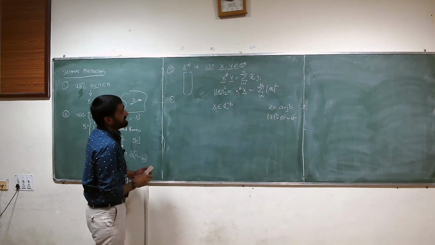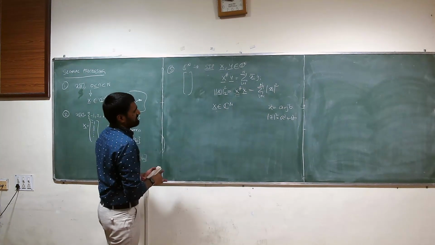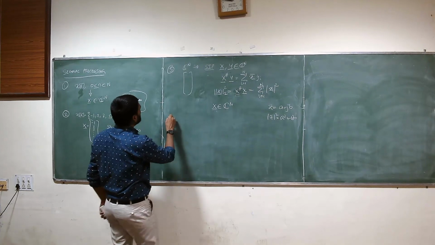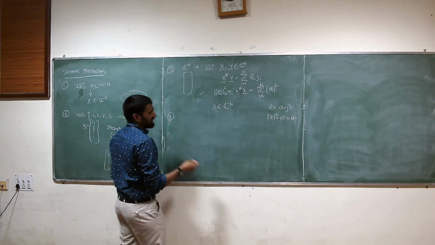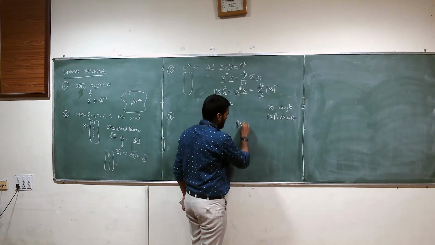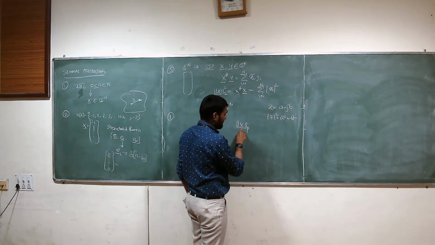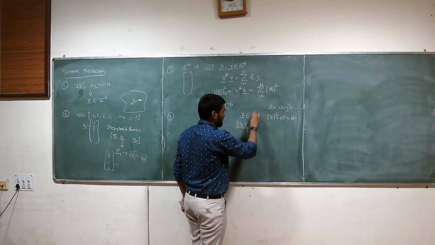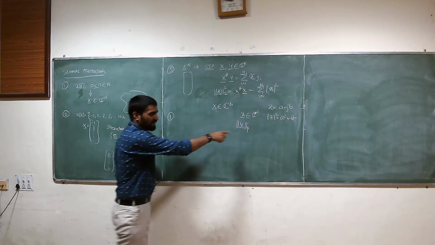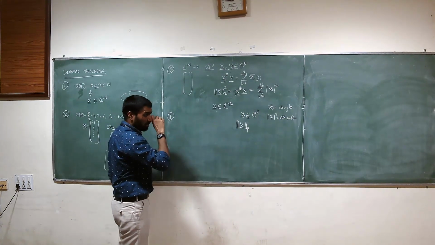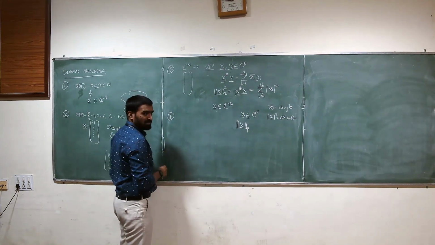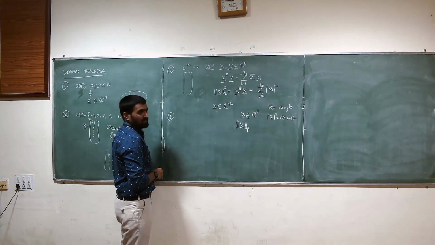Okay. And then, in the same line, you can think about what the p-norm of x would be if x is from C^N. I'll not discuss that, but you can think about what it might be equal to. Okay.